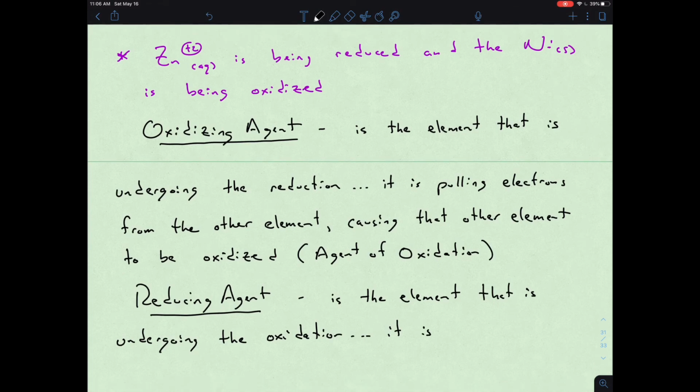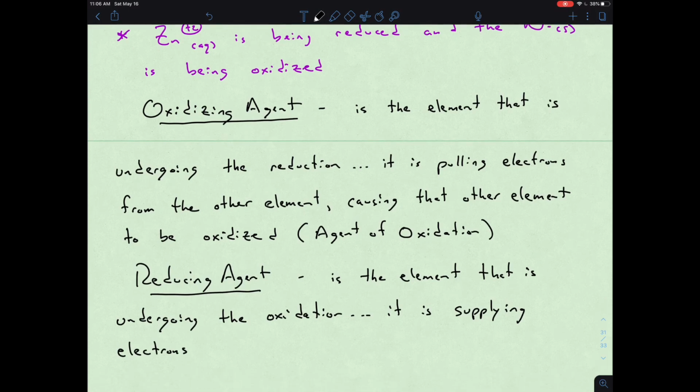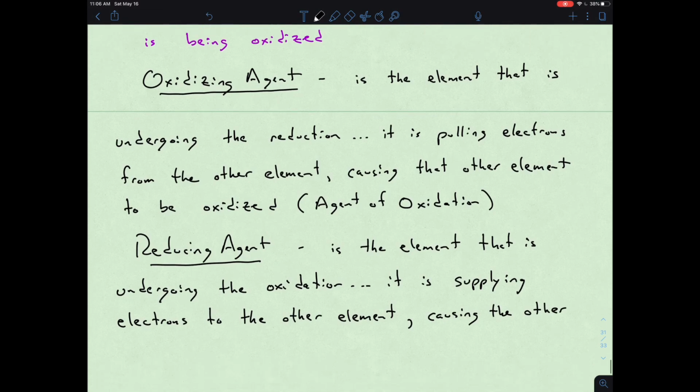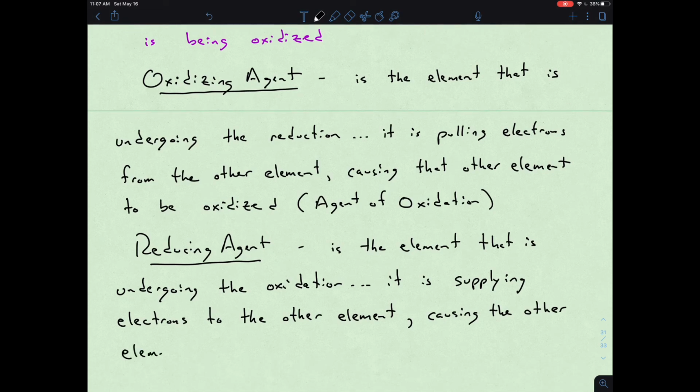Right, it is supplying electrons to the other element, and that's causing the other element to be reduced.